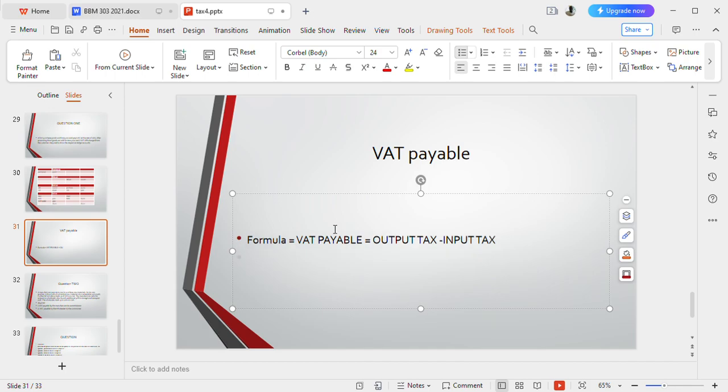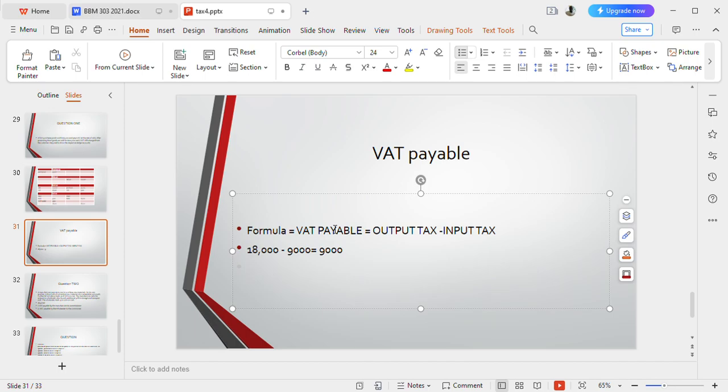So from the critical perspective, what is our input tax? Our output tax is 18,000 minus input tax is 9,000, which is giving us 9,000. So the VAT payable is 9,000.